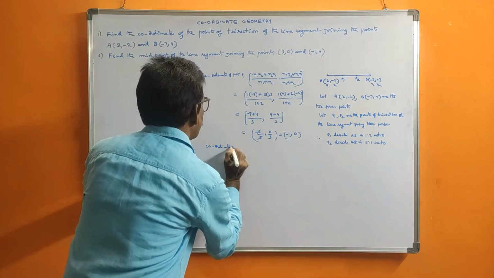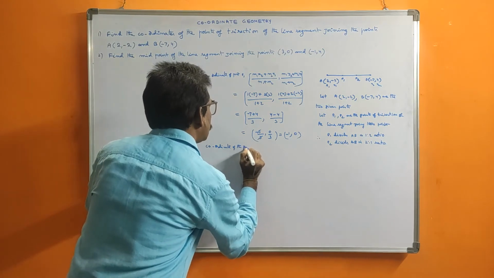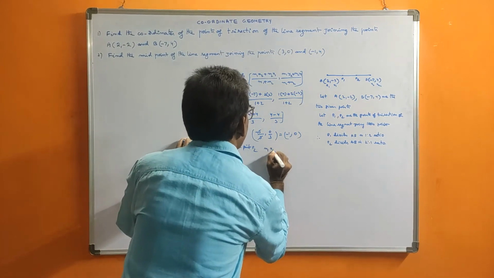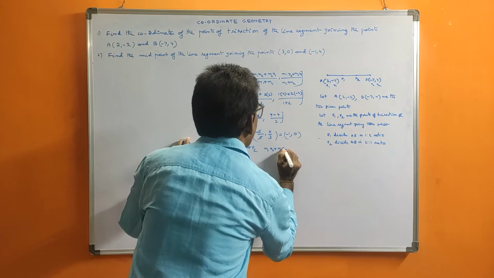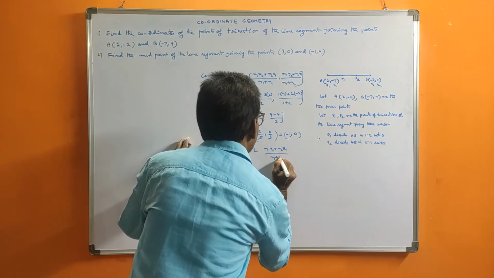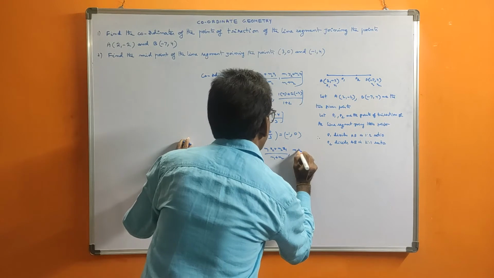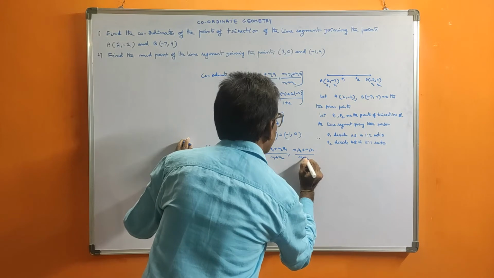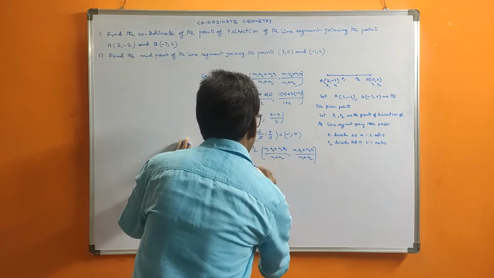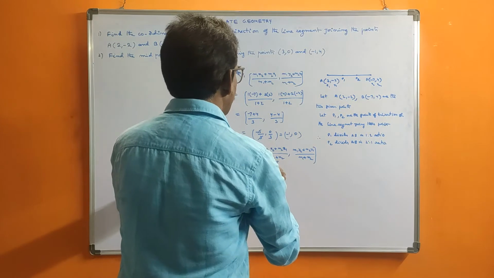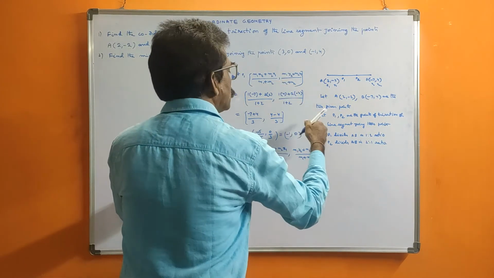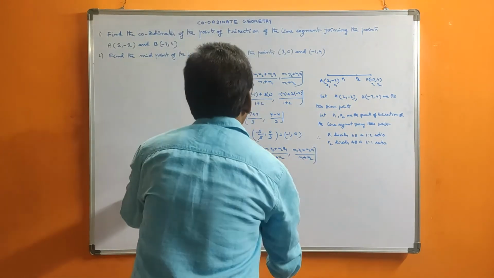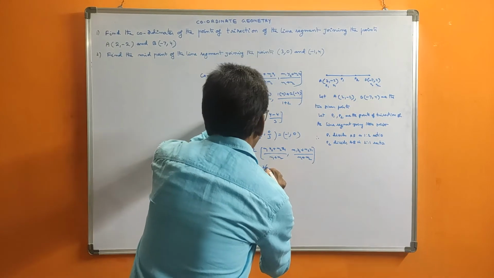Now the coordinates of the point P2. Same formula: ((m1x2 + m2x1)/(m1 + m2), (m1y2 + m2y1)/(m1 + m2)). In this case, the ratio is 2:1, so m1 is 2 and m2 is 1.